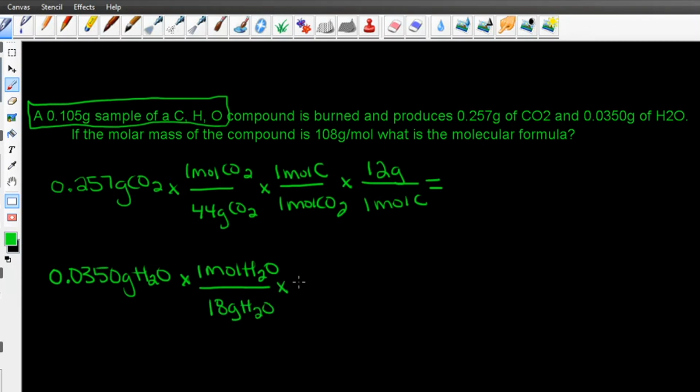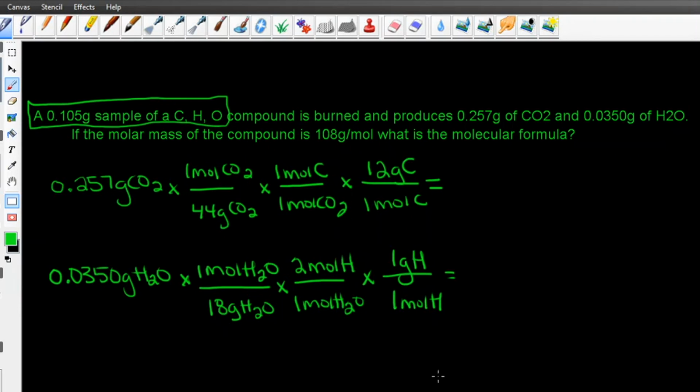For every 1 mole of water, I get 2 moles of hydrogen. For every 1 mole of hydrogen, 1 gram. Okay, let's go ahead and calculate these out.